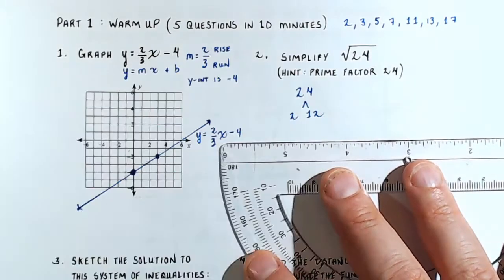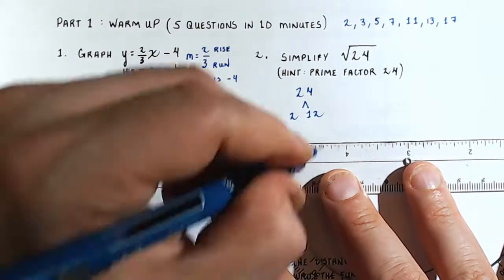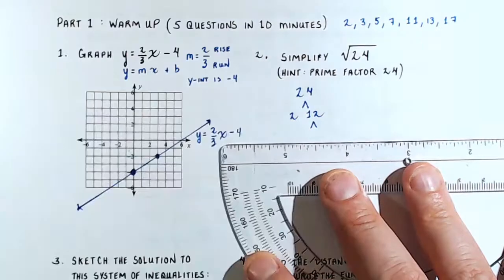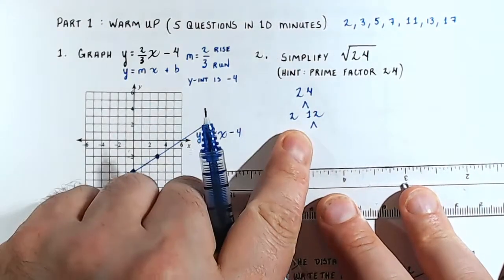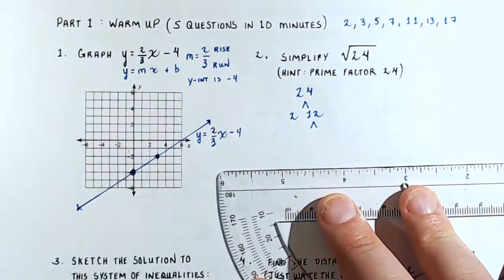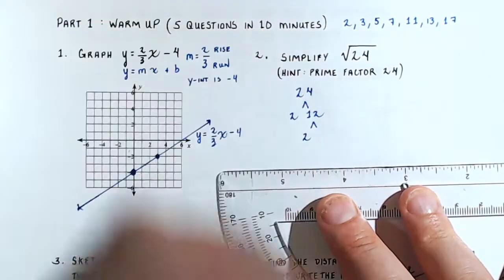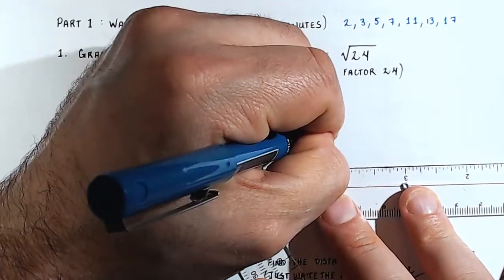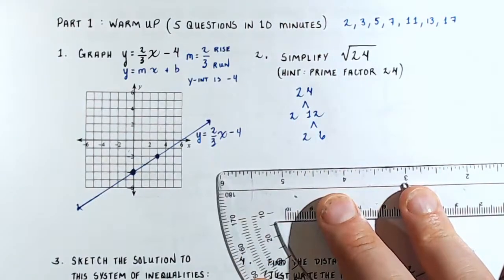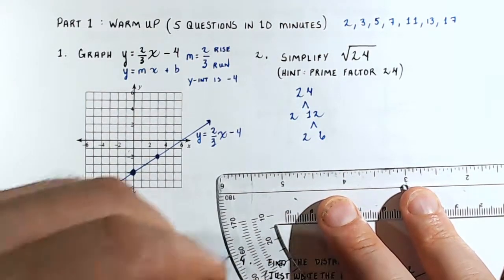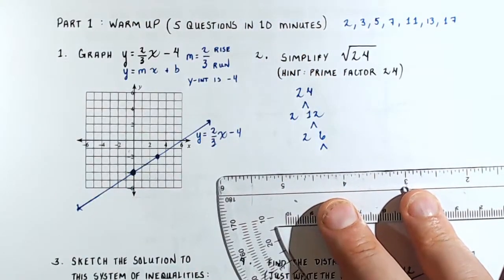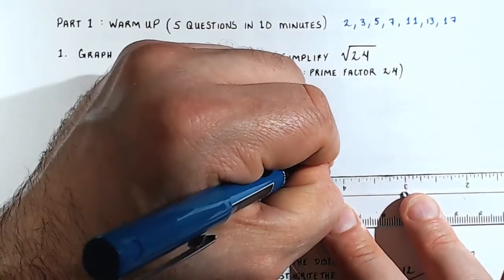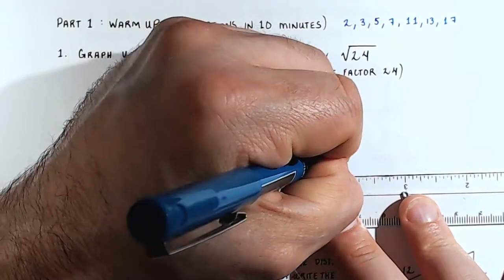But 12 is not a prime number, so we have to break it down now. Again, I'm looking for the smallest prime number that 12 can be divided evenly into, and that would be 2. And its partner there is 6, because 2 times 6 is 12. But 6 is not a prime number, so I'll break it down into 2 times 3.